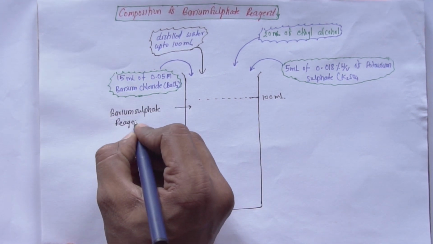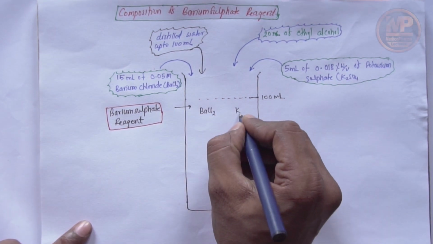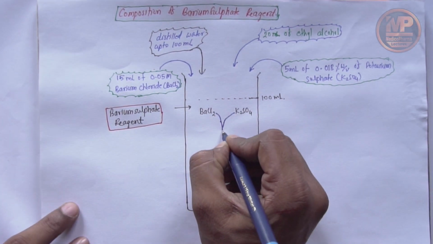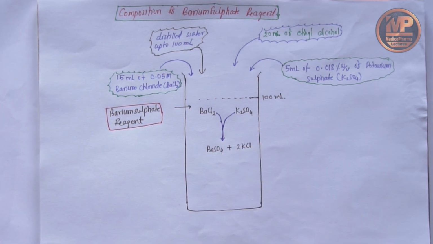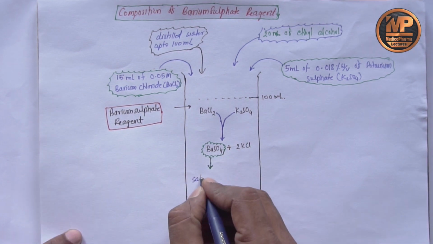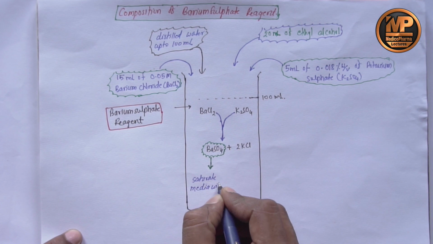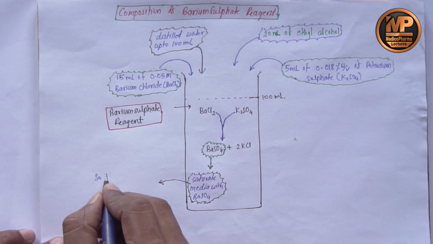Here in this solution, the small quantity of potassium sulfate which we have added will react with barium chloride to produce barium sulfate. This barium sulfate is not going to produce turbidity; instead it is going to saturate the medium with barium sulfate. Why is this required?